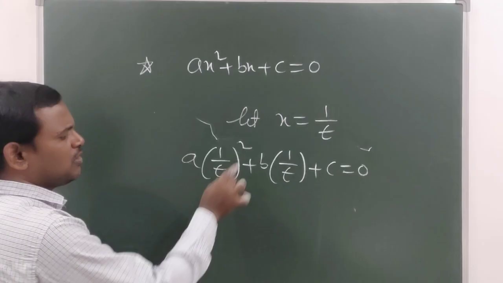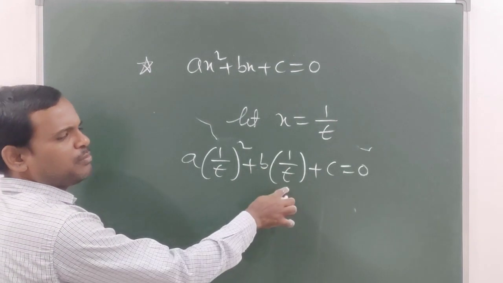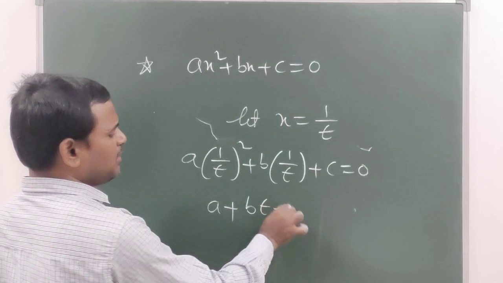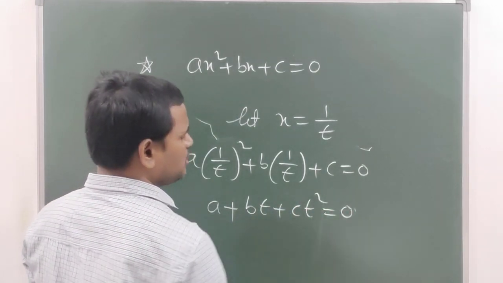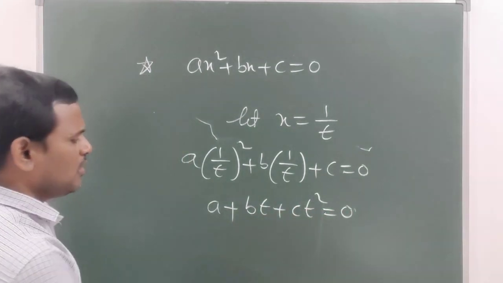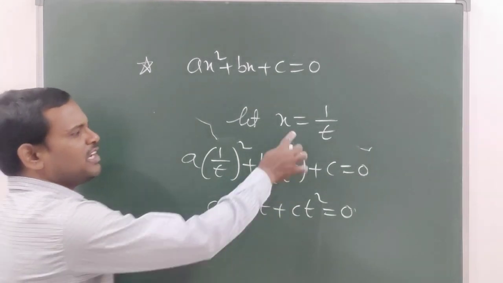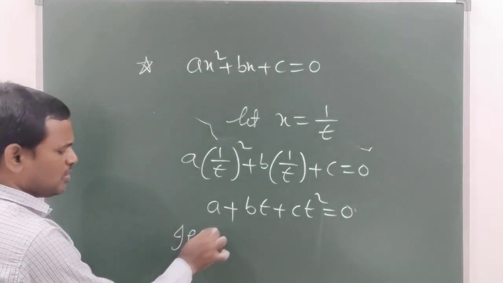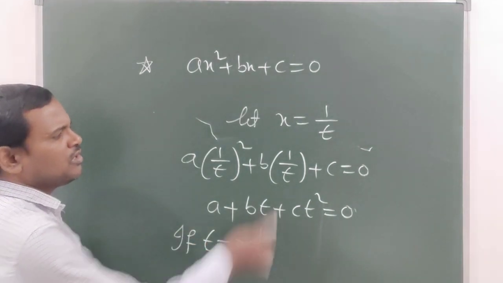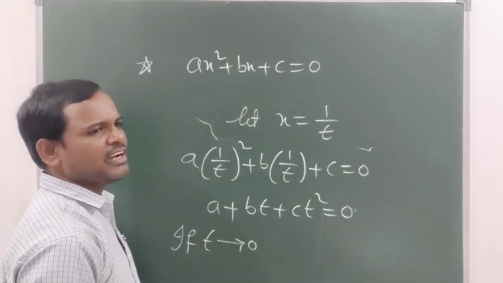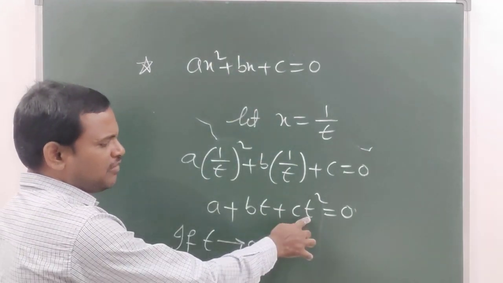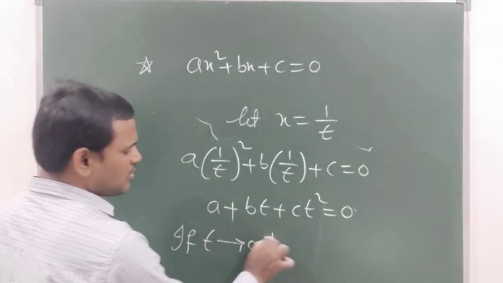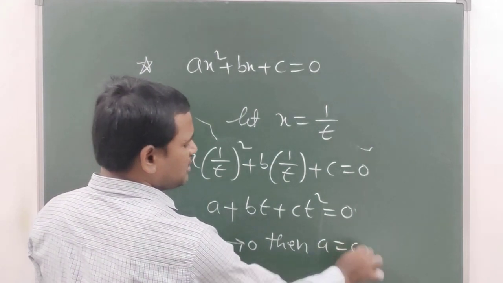When we simplify this, we get a by t square plus b by t plus c, so finally a plus bt plus ct square is equal to 0. Now x becomes infinite whenever t tends to 0. If t approaches 0, then x will become infinite. So in the place of t, if you write 0, then a will become 0. Then a is equal to 0.